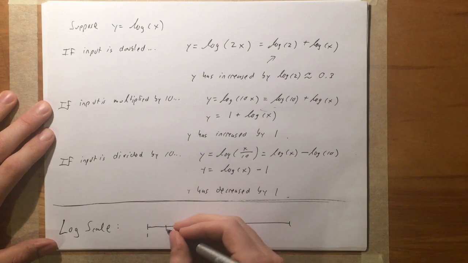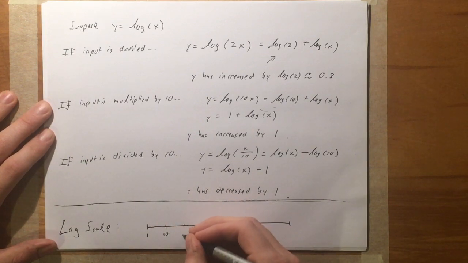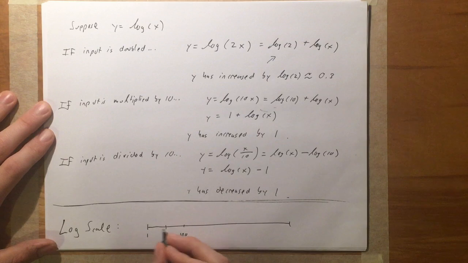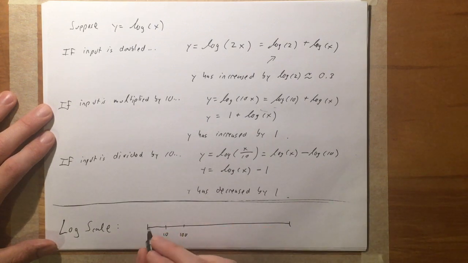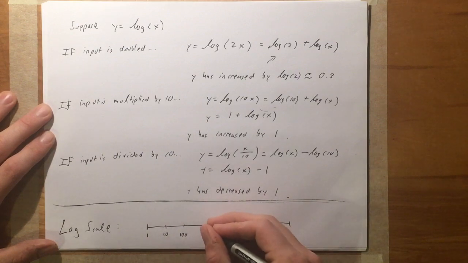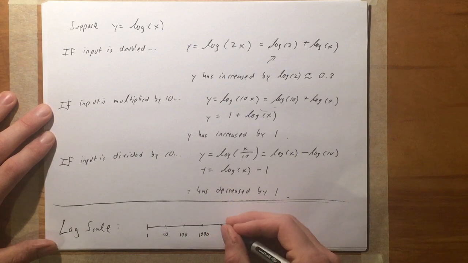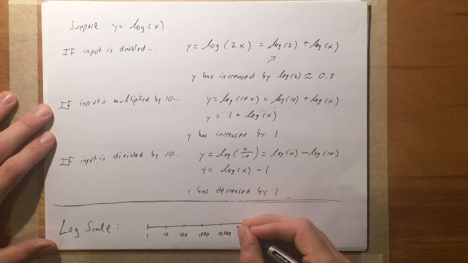So like 1, and then 10, and then 100, and you can see we've basically increased along our scale by 1, but instead of actually increasing by 1, what we're doing is multiplying by 10, right? Because we're thinking about the log of these numbers down here, producing an increase of 1 every time. Okay, so then for the next increase of 1, we're going to multiply by 10 and get 1,000, and then 10,000, and so on, 100,000.